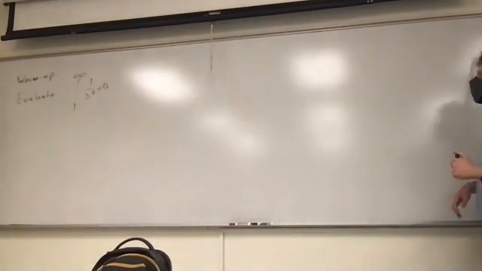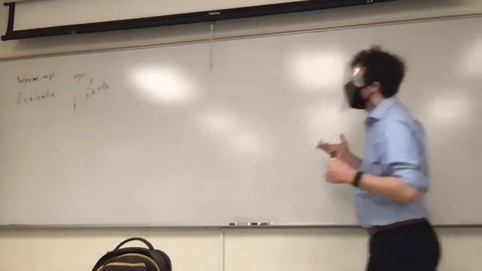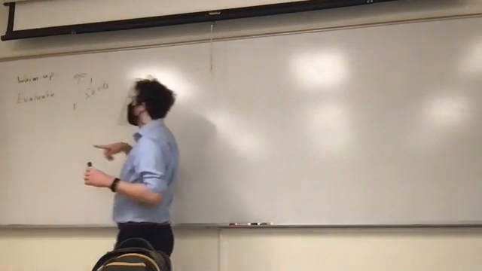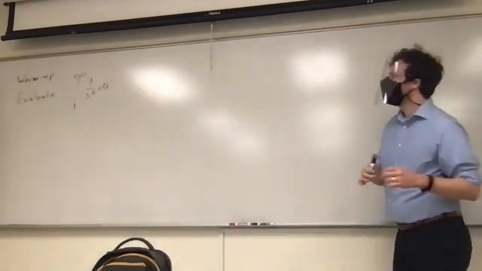That's just a few minutes to get the gears turning and remember how we think of this. What's the very first step that we do if we want to evaluate this integral?